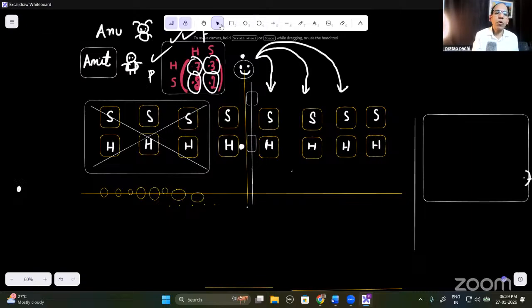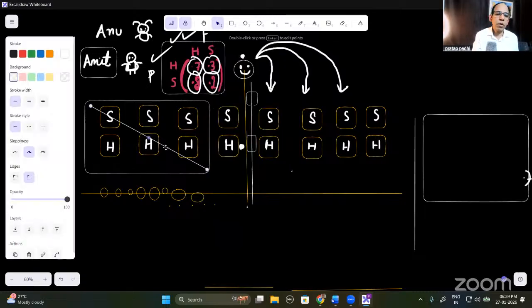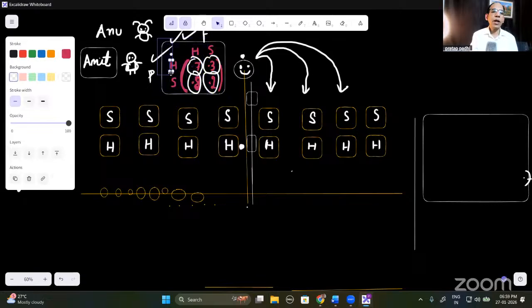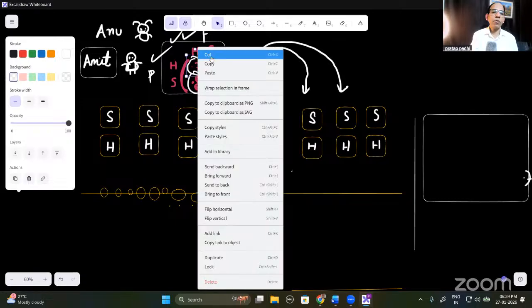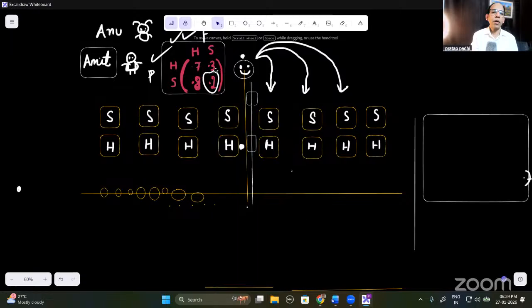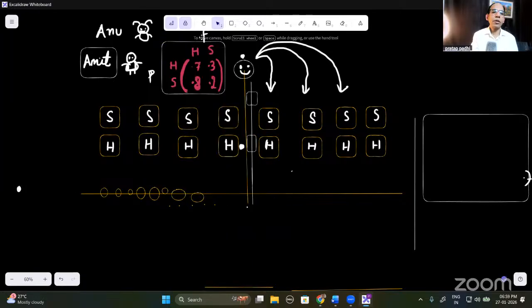This one also looks bad, so delete it. We'll delete something so that it will not look clumsy. So I deleted all this and I will keep whatever is required.